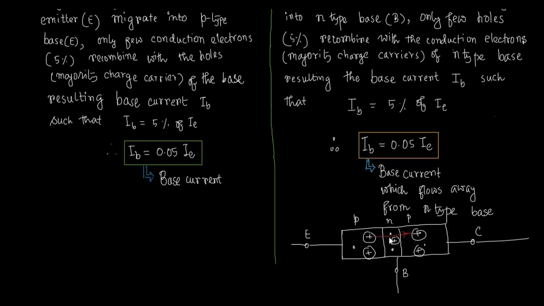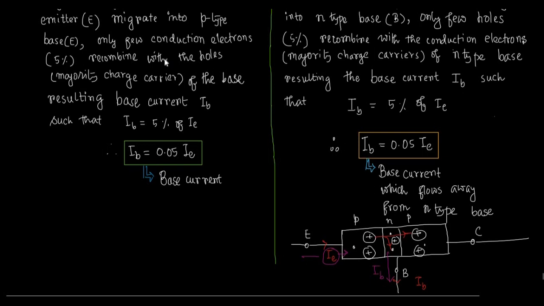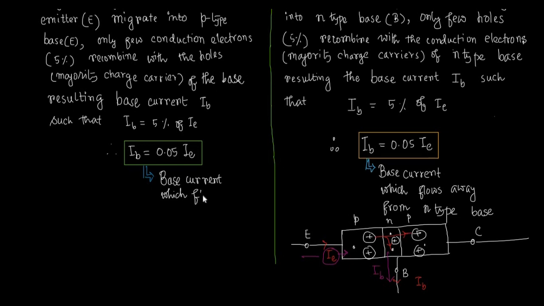Holes, that is majority charge carriers, will migrate into p-type collector and will remain in the base, producing base current IB, and emitter current flows into p-type emitter. Base current IB will flow away from n-type base.